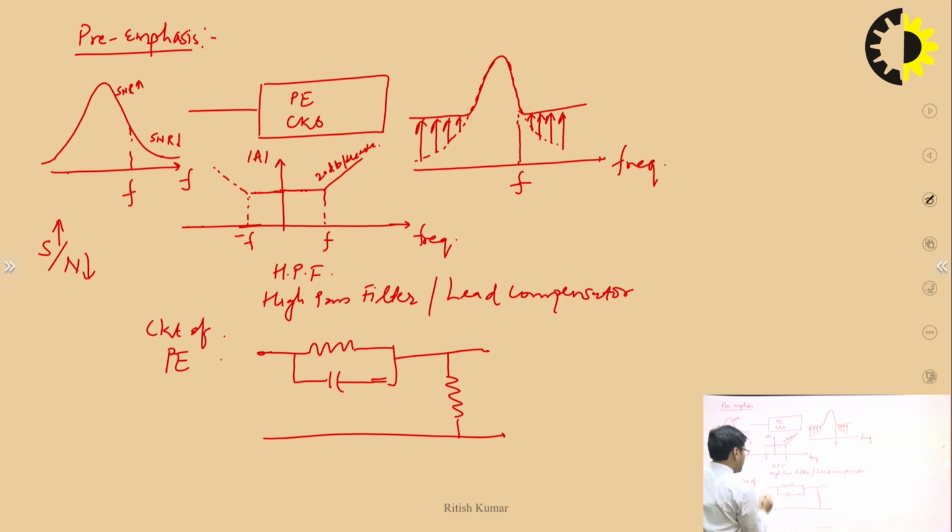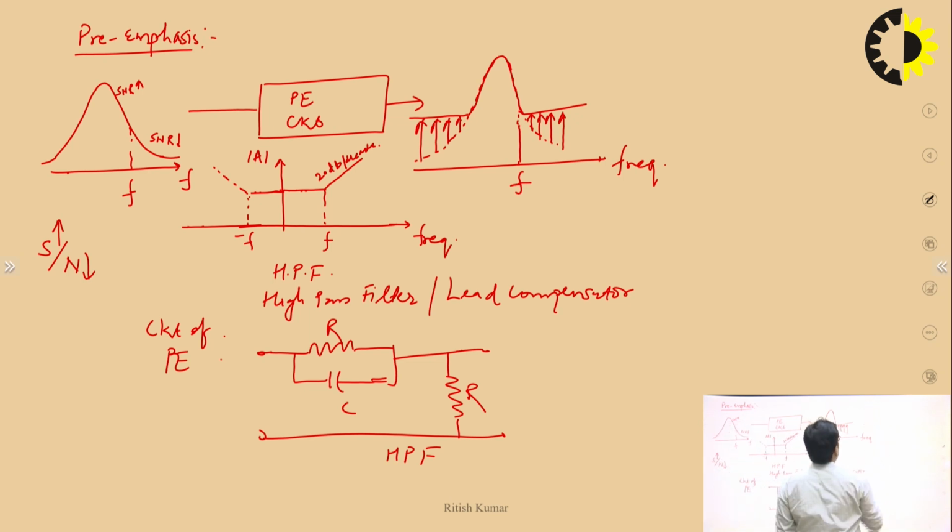So this is the lead compensator. This is nothing but a high pass filter. So this is the circuit for the pre-emphasis process. If you pass this signal through this system, you will get the increased signal strength at the transmitter side, right? So this process you have to do at the transmitter side.